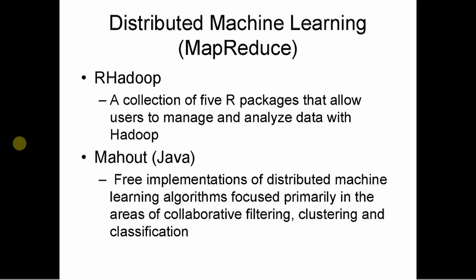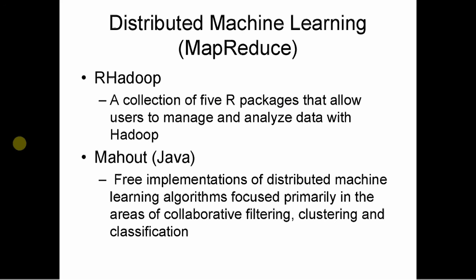There are 2 choices. The first one is R-Hadoop. R-Hadoop is a collection of 5 R packages that allow users to manage and analyze data with Hadoop. The language is R. And the other choice is Mahout, which is in Java.